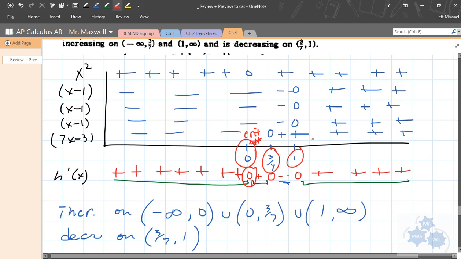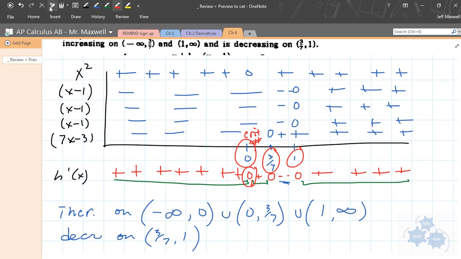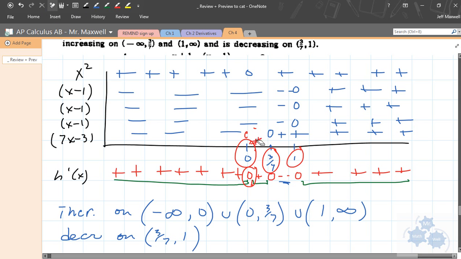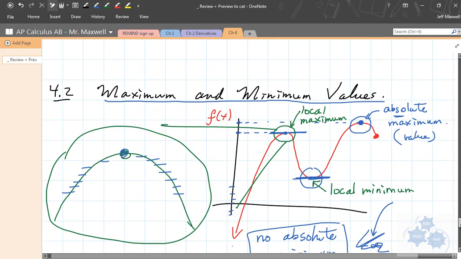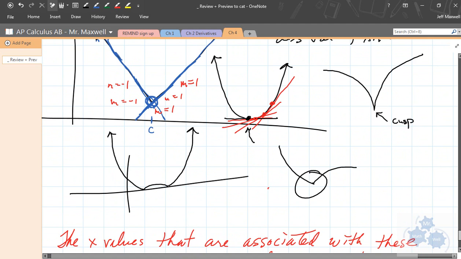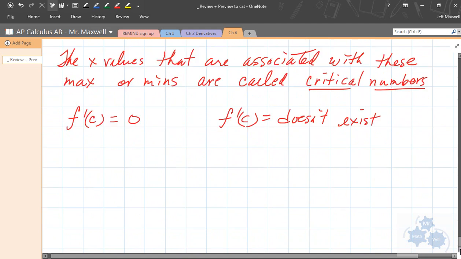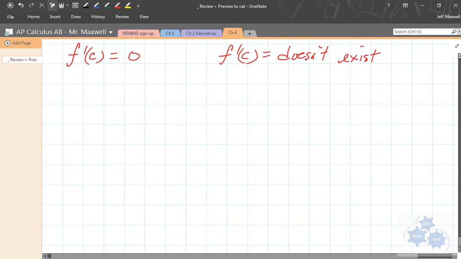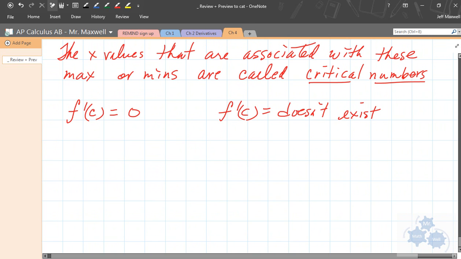This is a critical number. So there are 3 critical numbers for this example. Right, so erase that now. Any questions? Max min values. All right. So mostly for today, it's this terminology.